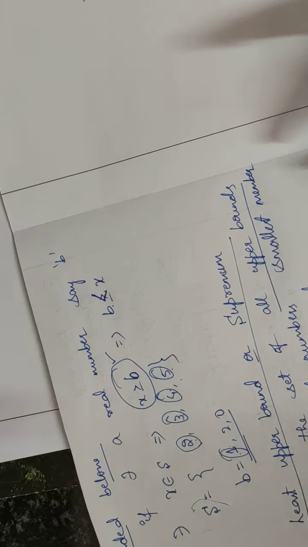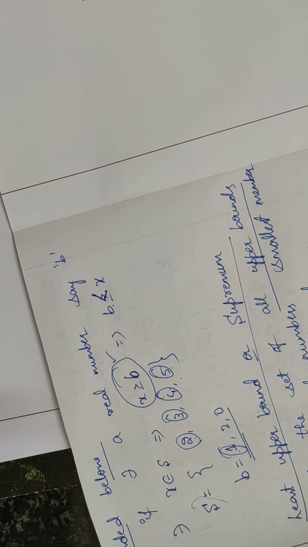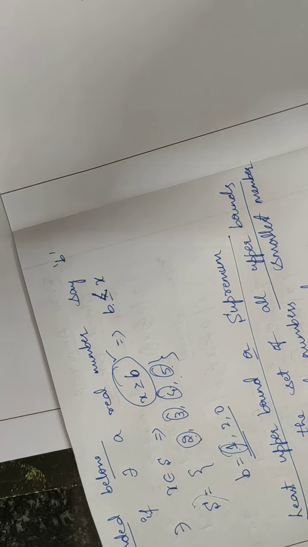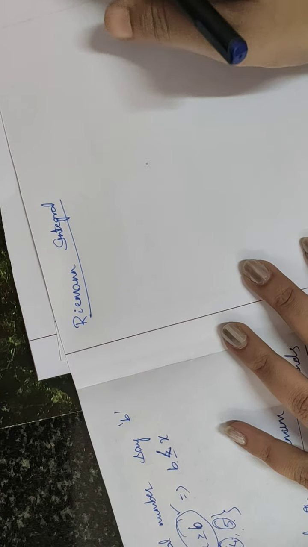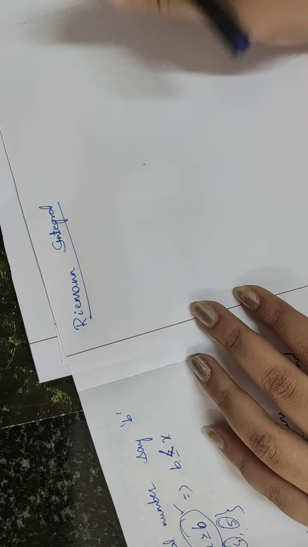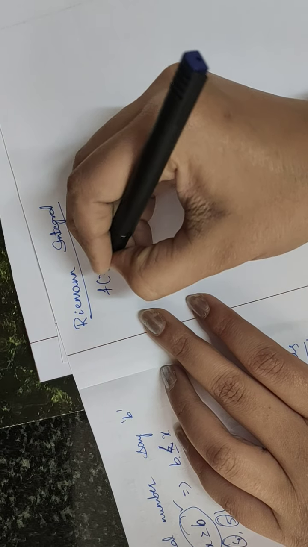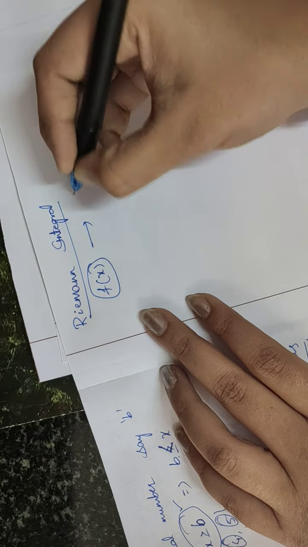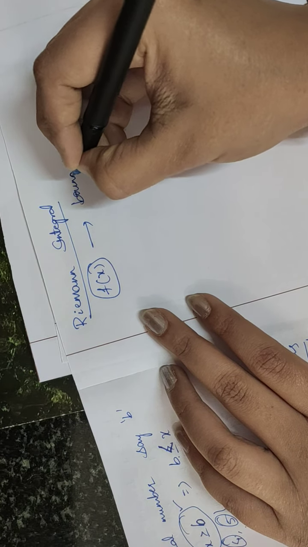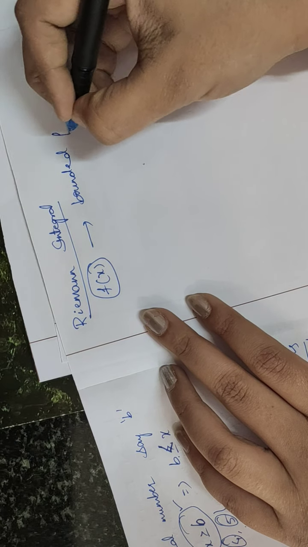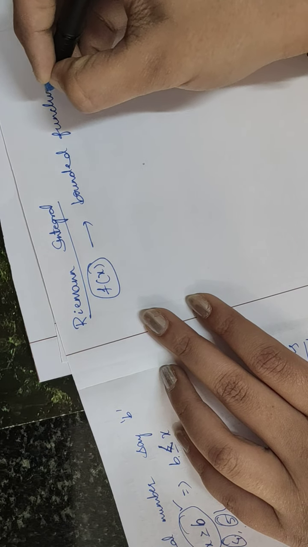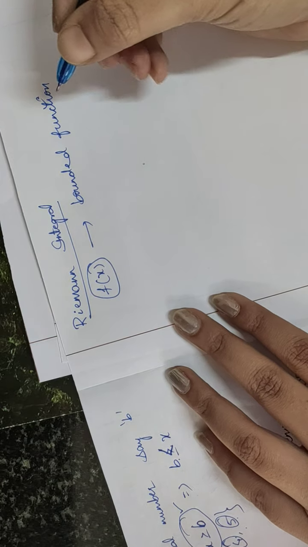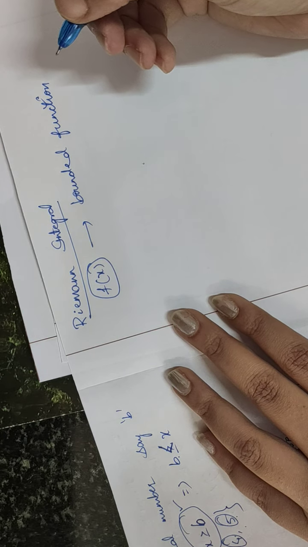Okay, so now let's move to the next topic. The next important topic is the Riemann integral. In order to define a Riemann integral, first I will consider a function f of x, and this f of x is a bounded function. So obviously if it is a bounded function, we will have an infimum and supremum, right?